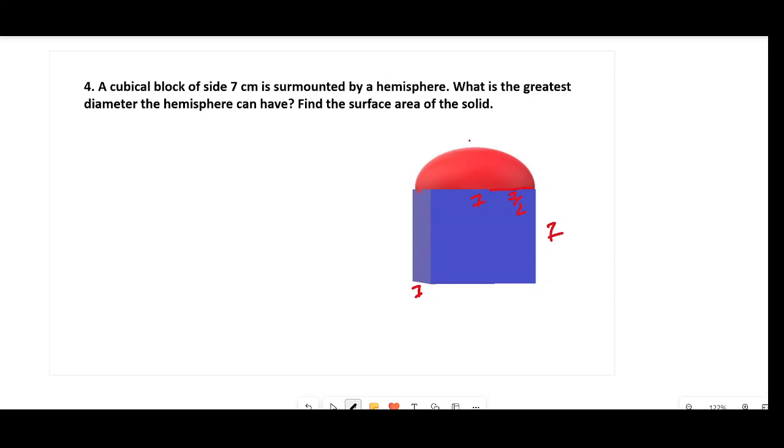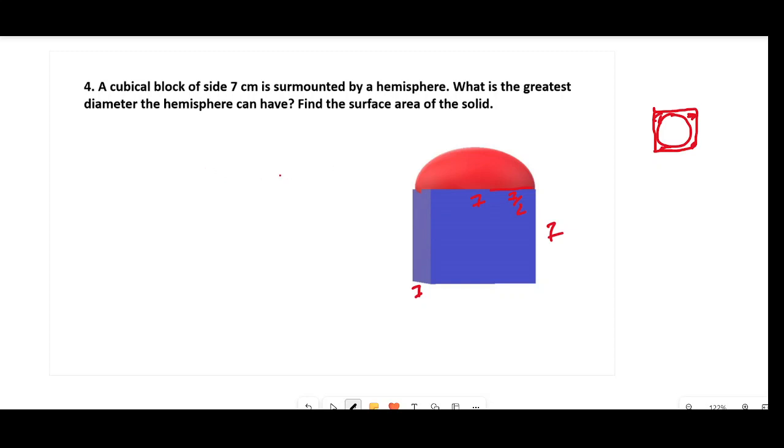Now first we should understand what we have. This is a circle, and this is covered by an upper surface like this. Now this is the remaining side.